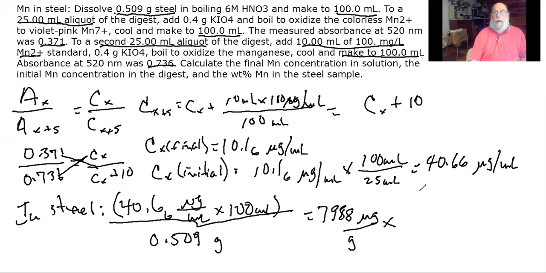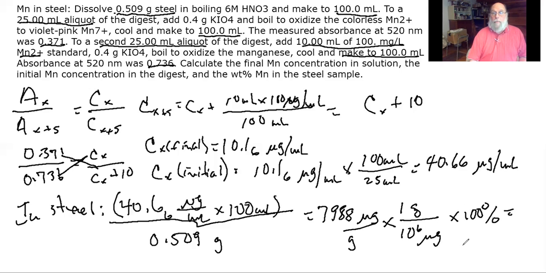Let's convert that times 1 gram for every million micrograms, 10 to the 6 micrograms, and times 100 to put it as a weight percent, which is how we usually report it.